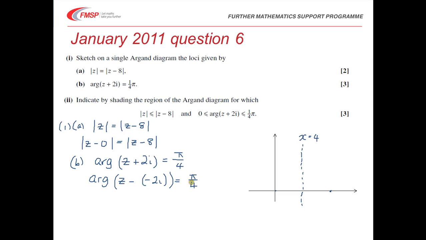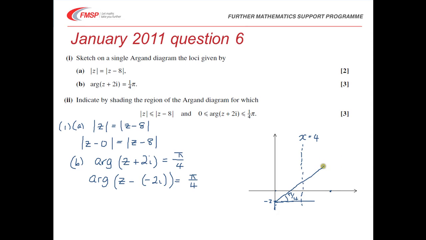So when we're doing that, that means we're going to take the point which is negative 2i, so down here we'll say that this is minus 2, and we're going to draw a line from that, making an angle of 45 degrees, or pi over 4.